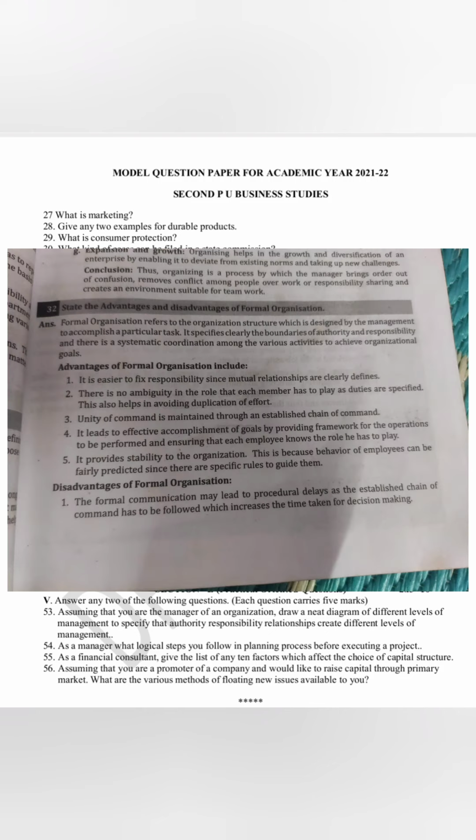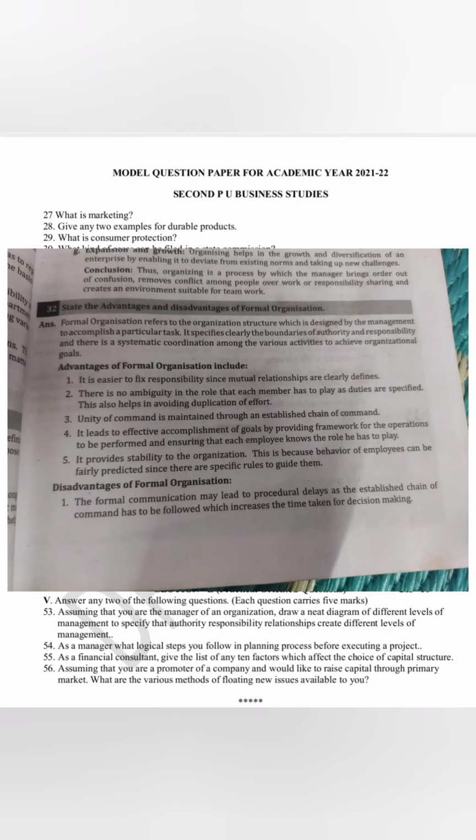Formal organization refers to the organization structure which is designed by the management to accomplish a particular task. Advantages are that it fixes responsibility and encourages mutual relationship. There is no ambiguity or confusion about the role. Unity of command is maintained through an established chain of command. It gives effective accomplishment of goals by providing a proper framework of the operations to be performed and ensuring each employee knows the role they have to play.